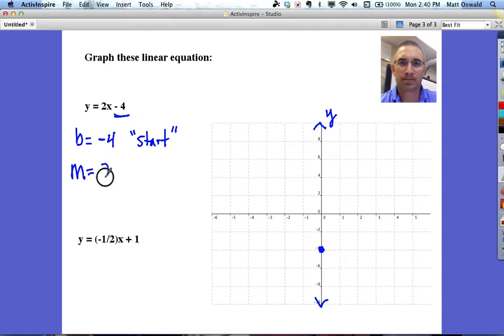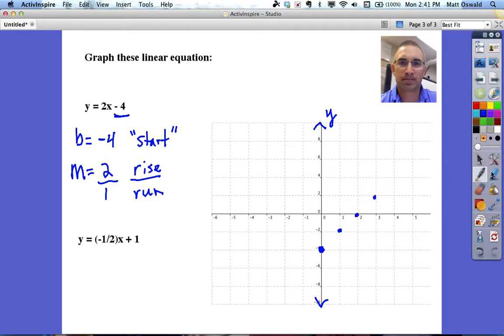In this case, m is 2. Now we want slope to be rise over run, a fraction, so I can write 2 over 1, so that my rise is 2 and my run is 1. So I'm going to go up 2 over 1. Notice my scale is 2 going up and down and 1 going horizontal. Up 2 over 1. I can do this at least 3 times.